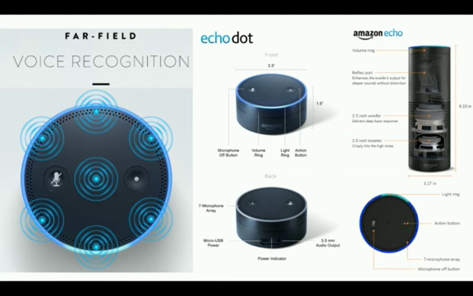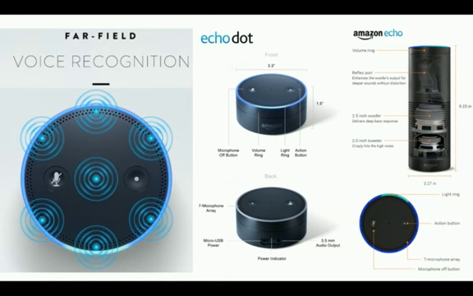The main difference between the Dot and the Echo is that the Dot only has very small speakers and has a line out, and an Echo has a really nice speaker in it. They both have a 7 microphone array, and they do a lot of processing on what they're listening to, so beamforming and noise cancellation and all this, so it's a lot easier for them to recognize the invocation word.